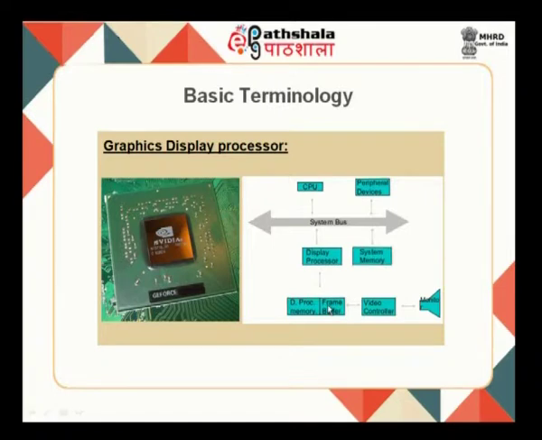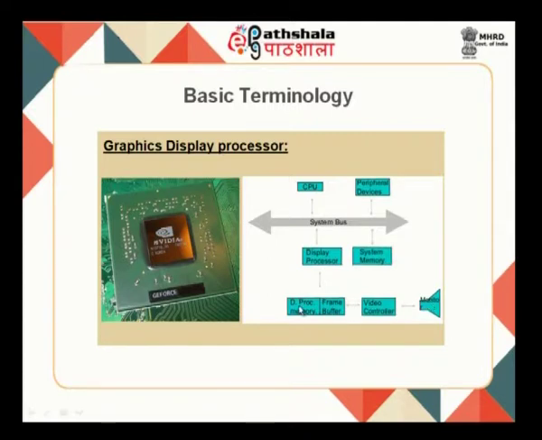The frame buffer stores the pixel intensity values that are to be shown. While some other image is being shown, the display processor already calculates the intensity values required, and that is again stored in the frame buffer, which is then fed to the video controller, and finally it is fed to the monitor.